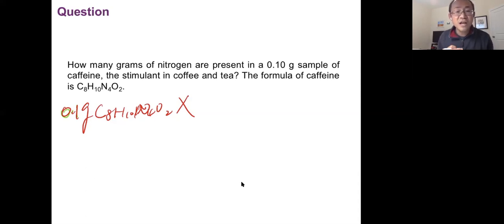The question asks us how many grams of nitrogen? Nitrogen, N. Can anybody tell me, if I want to know how many grams of nitrogen, what unit do I need to know?